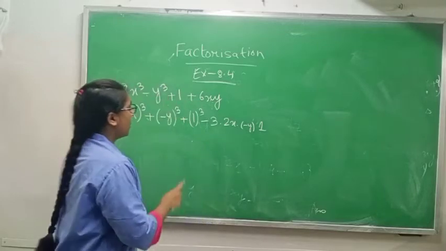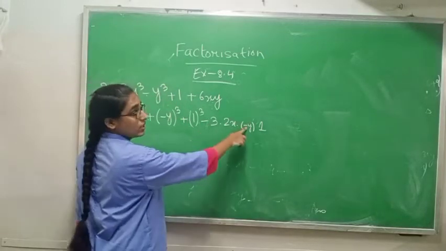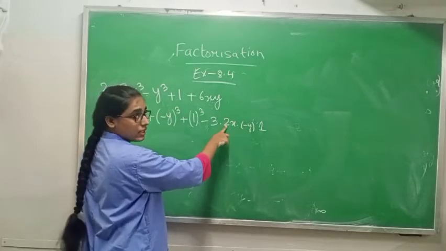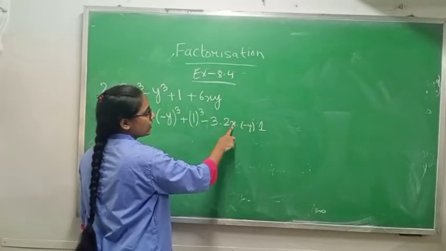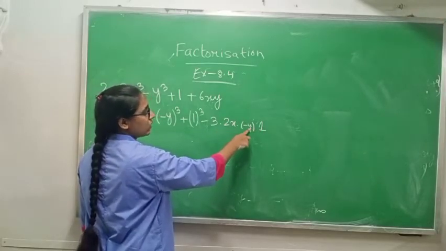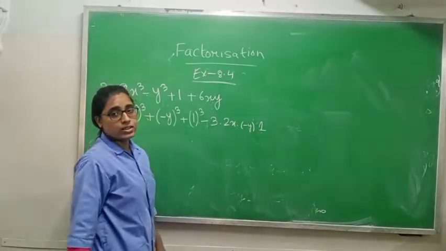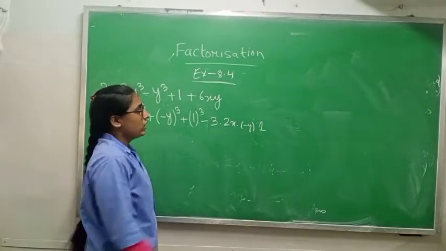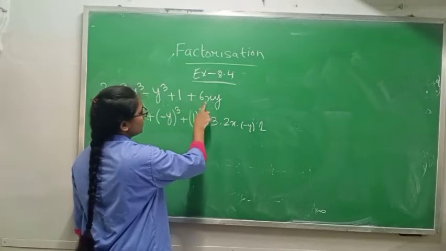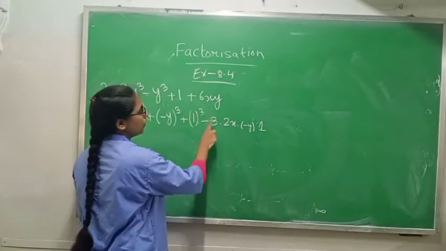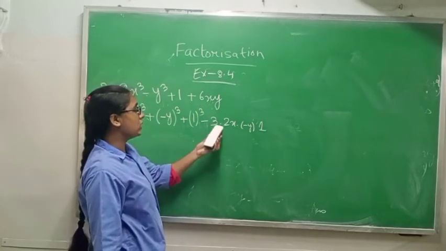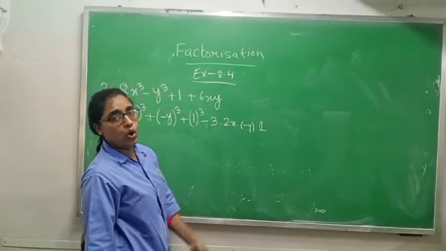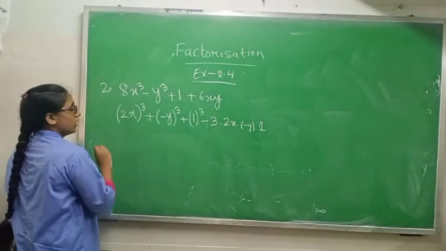So now you can see minus minus plus, 3 2s are 6, 6 into x, 6x, 6x into y, 6xy into 1, 6xy. You will get the same plus 6xy when you multiply this minus 3 into 2x, minus y, into 1. Now this one is the formula.